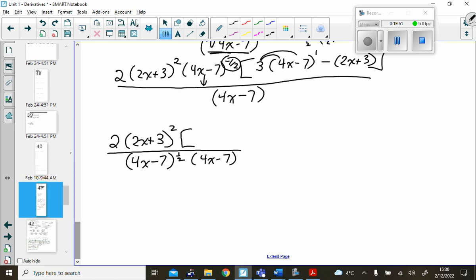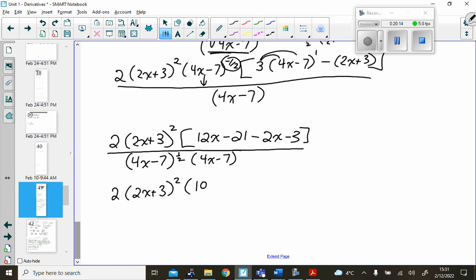And that square bracket up top is a 12x minus 21, and then distribute the minus sign, you get minus 2x minus 3. 12x minus 2x is 10x. Negative 21 and minus 3 is negative 24.